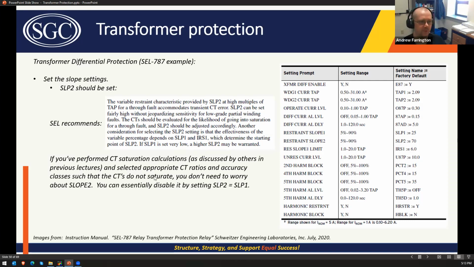You can set slope 1 and slope 2 to the same setting and just operate on a single slope characteristic. In my experience, that's usually what's done for newer installations.